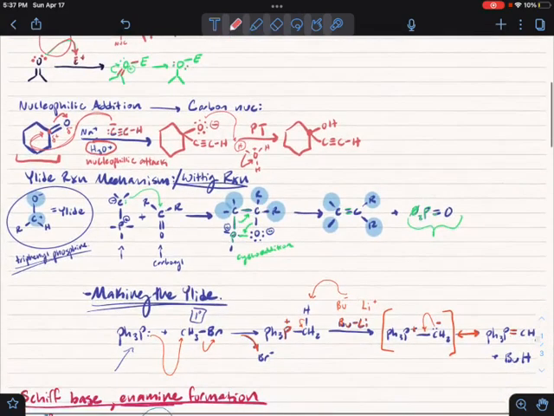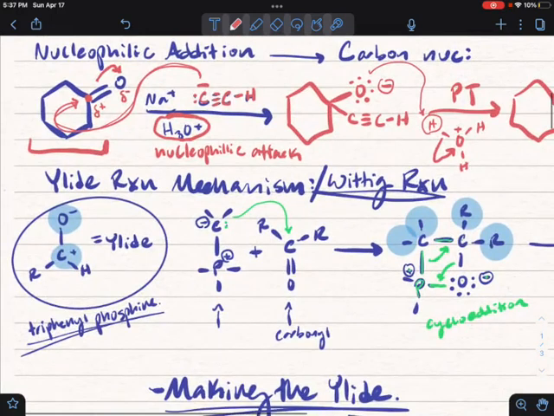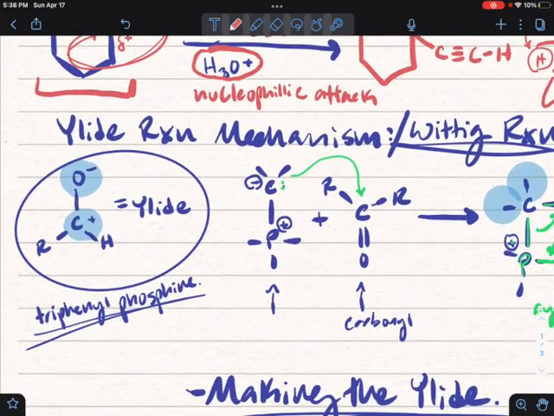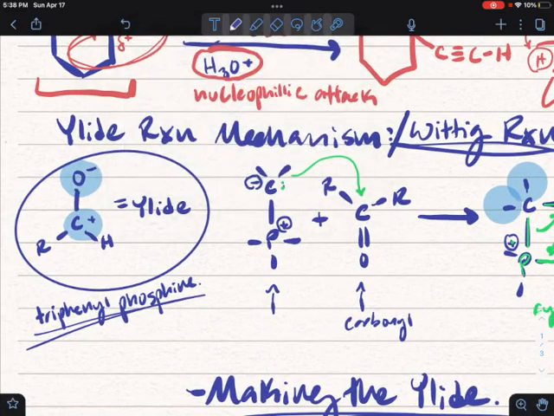Okay. Next, let's start talking about ylids. So this below is an ylid reaction mechanism, and this reaction is also called the Wittig reaction. I don't know why, but it is. And usually ylids are simple molecules, but the only important factor is that there is a negative charge directly connected to a positive charge, and so this makes this molecule very reactive.